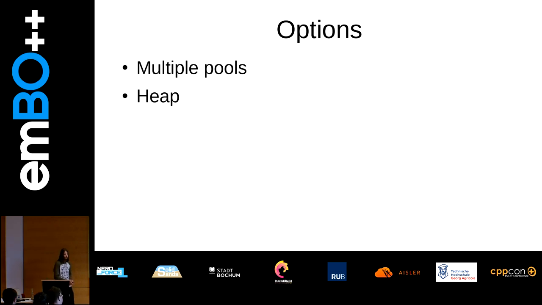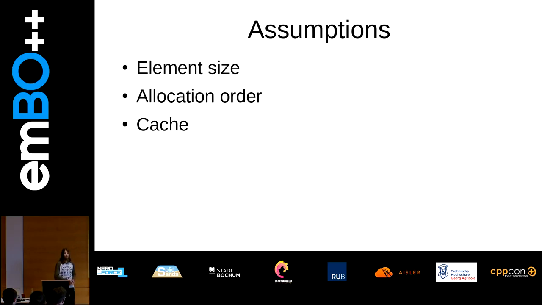Now, there are some assumptions made in segmented allocators that are essentially not needed. So the heap allocators assume that you always want to be able to allocate any size of element.